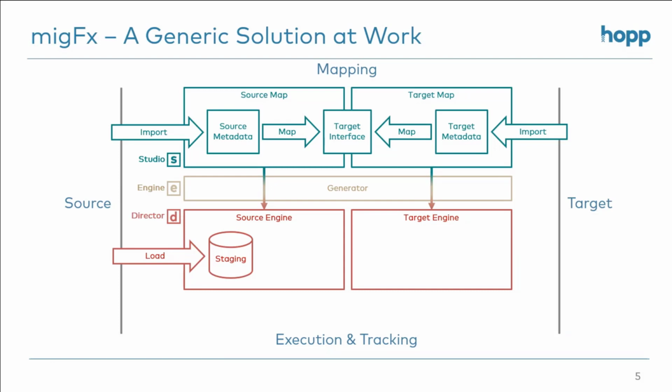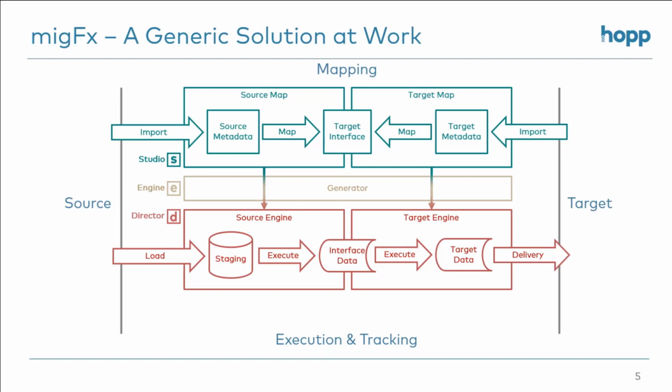Then when we have the data loaded in the staging database, we execute the source engine that will extract data from the staging database and perform the transformations necessary to produce the data that conforms to the interface. This is handed off to the target engine that in turn executes and performs all the mappings and transformations to get to the target data that conforms to the target metadata. And that's basically it. Then as a generic tool, we kind of got as far as we can go.